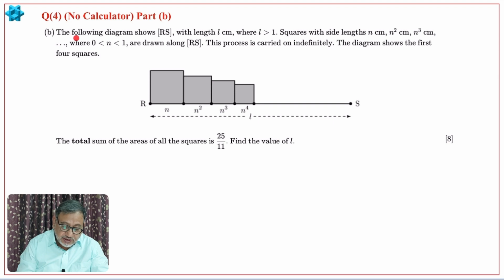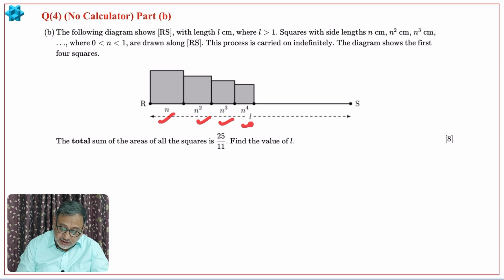The question is continued. The following diagram shows line segment RS now again, whose length is L, and L is greater than 1. Of course it should be greater than 1. Squares with side lengths n centimeter, n square, n cube.